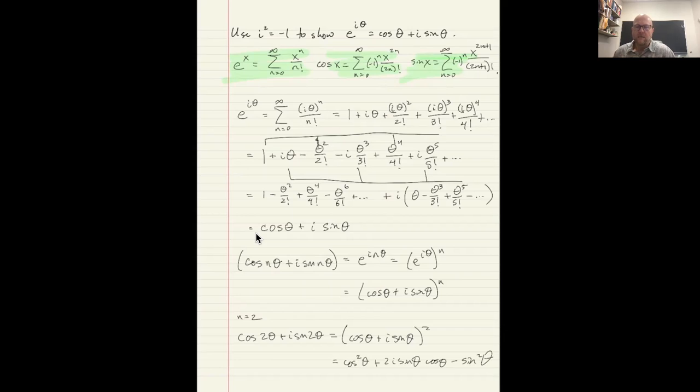I went ahead and did the foiling in my head there. The minus sine squared is because you've got the i being squared. And that means that this cosine squared θ minus sine squared θ is the real part, which is the cosine 2θ. And that's the familiar formula that you already know. And 2 sine θ cosine θ is the imaginary part. And that's the familiar formula for sine 2θ that you already know.